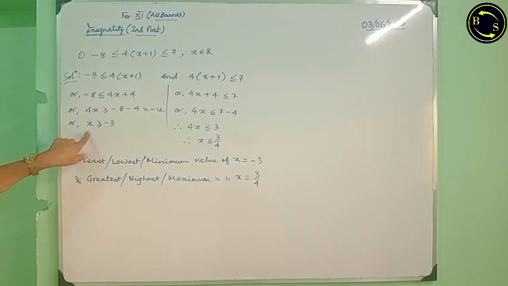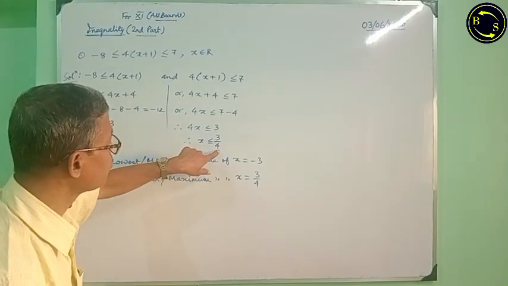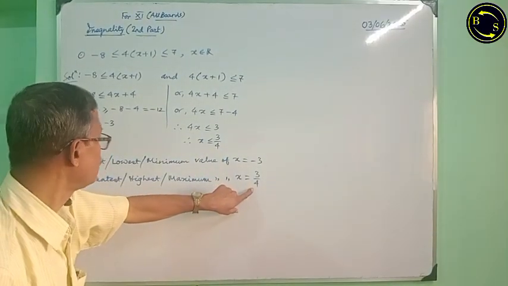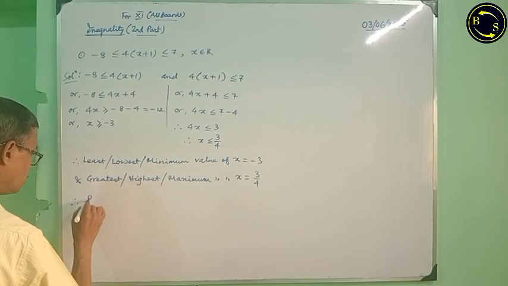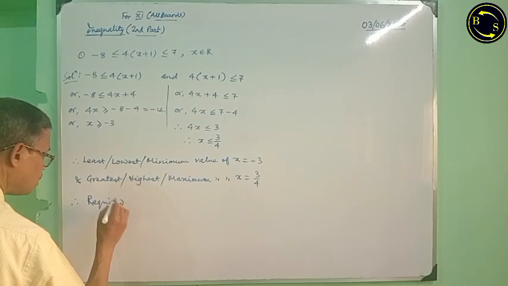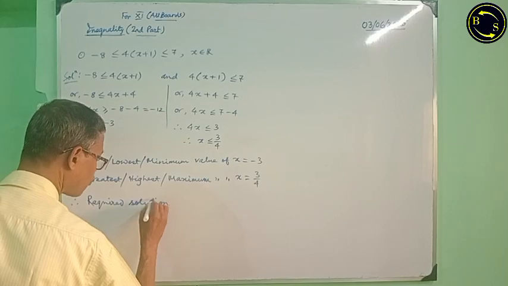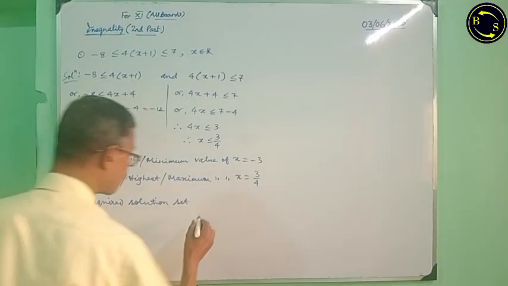That means least value is minus 3. And here x is less than or equal to 3 by 4. Therefore, greatest value is 3 by 4. Now, the required solution set. We have to combine these two.